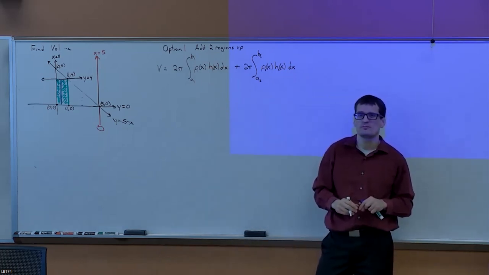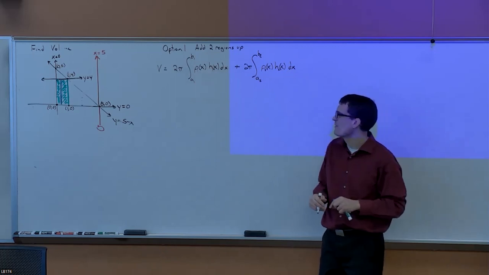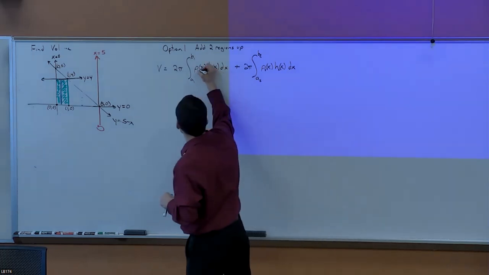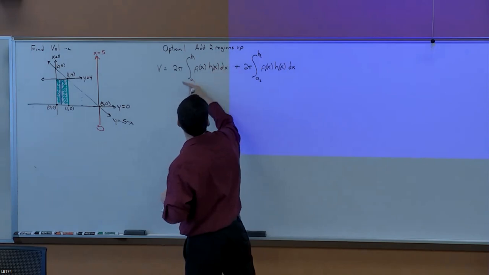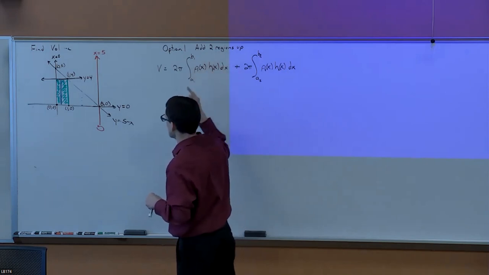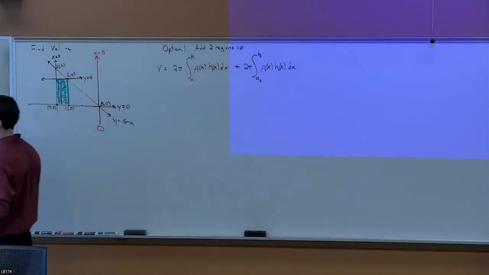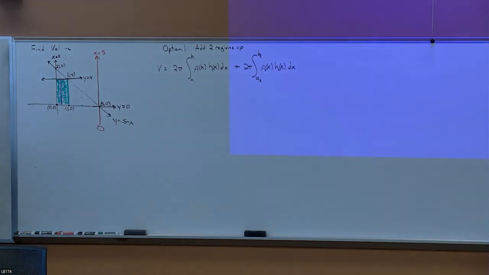I'm going to do region 1 value plus region 2 value. Okay, and I can use subscripts, or if you don't want to use subscripts, just know in your mind those are different A's and B's, right?